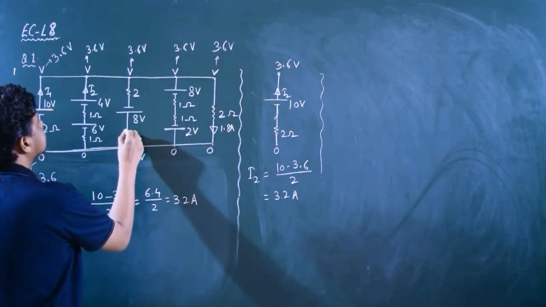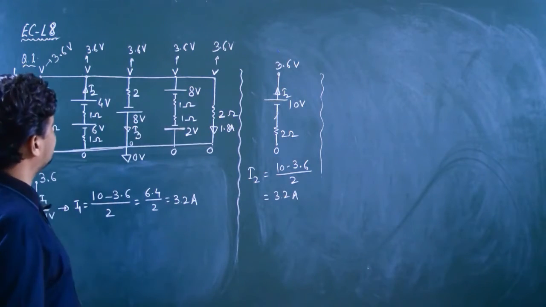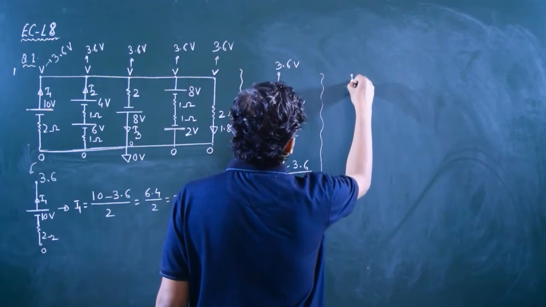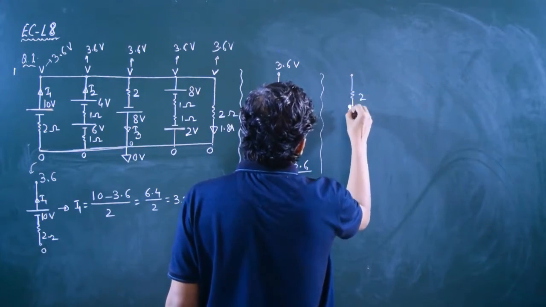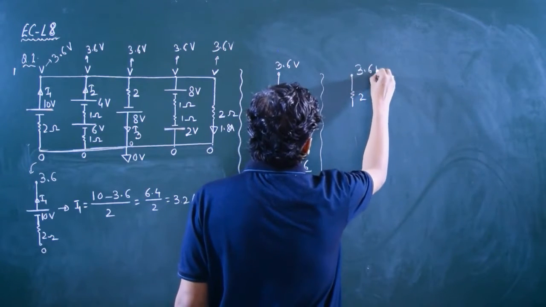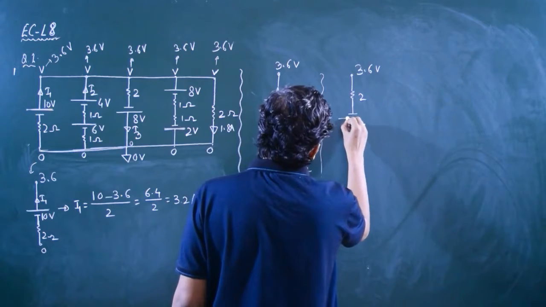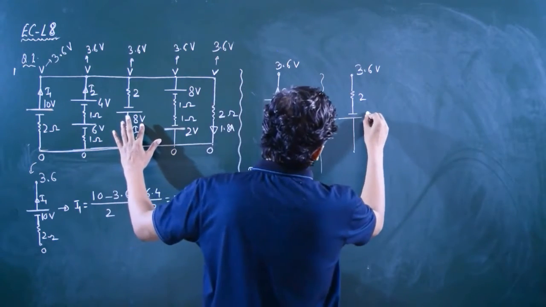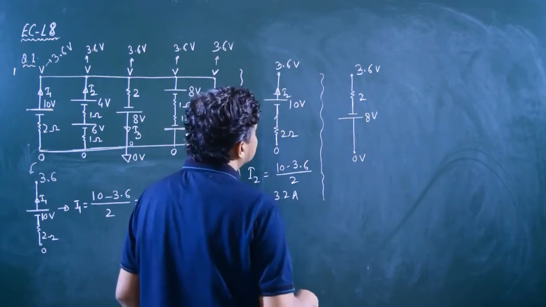Now we come to the next arm, the third arm. Current here is in this direction, that is I3. It is 2, potential is 3.6 volt, and here potential we have 8 volt, and here potential is 0 volt.